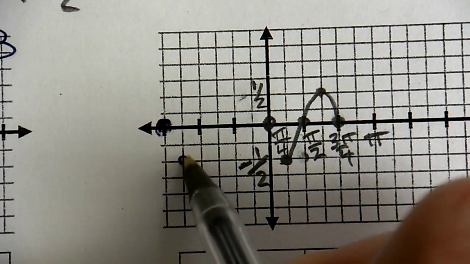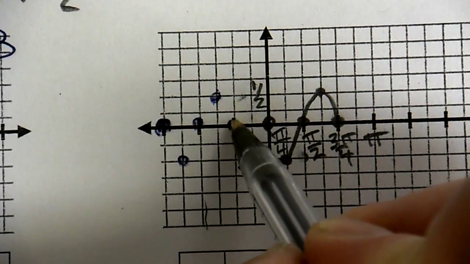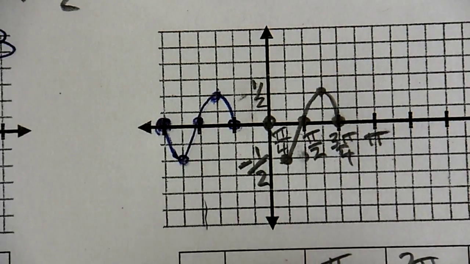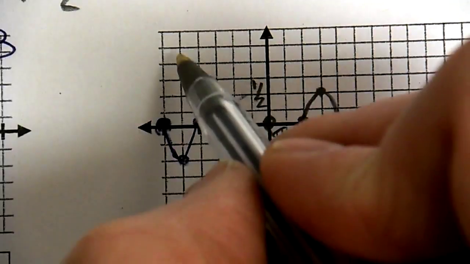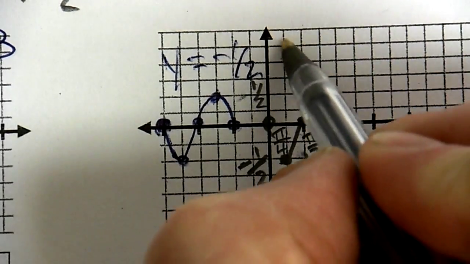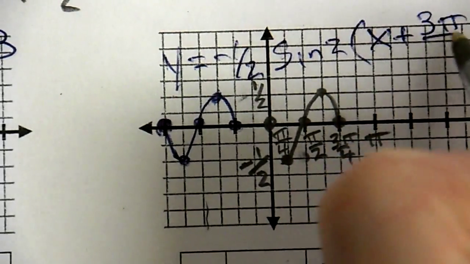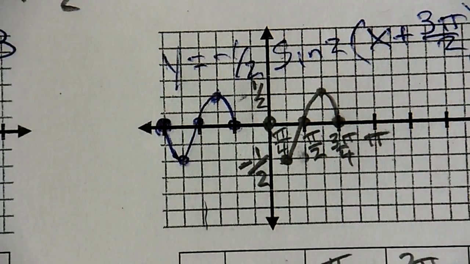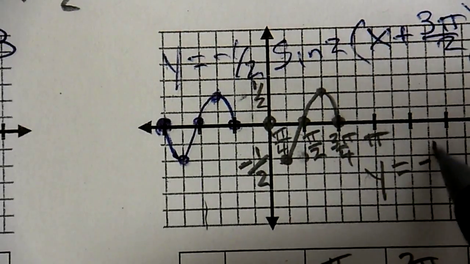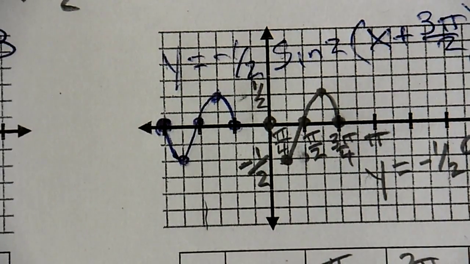And from there, we would have our graph. All those values would slide over that same amount. So this is the equation. Y equals -1/2 sine of 2 times x plus 3 pi over 2. The other graph here was y equals -1/2 sine of 2x.